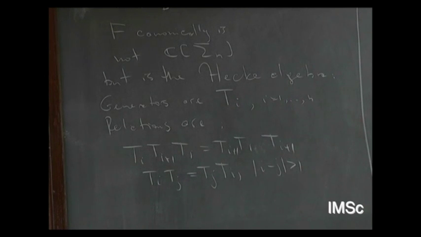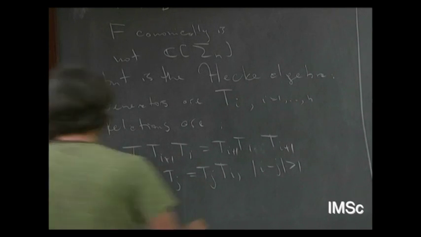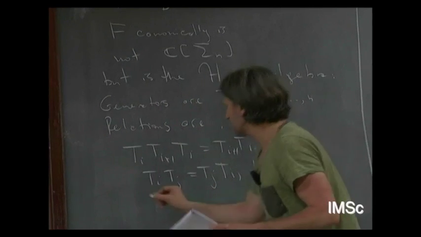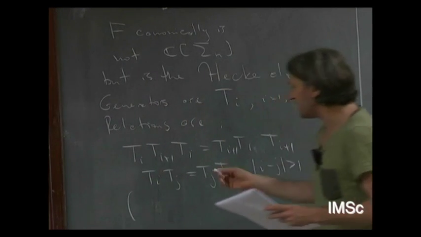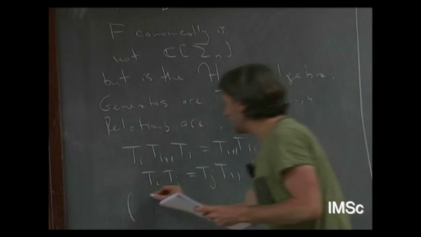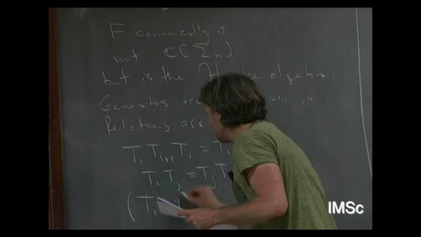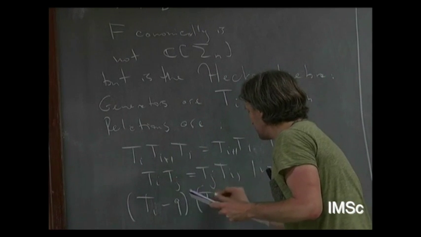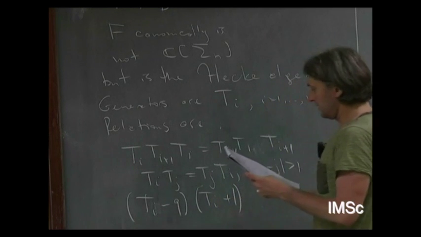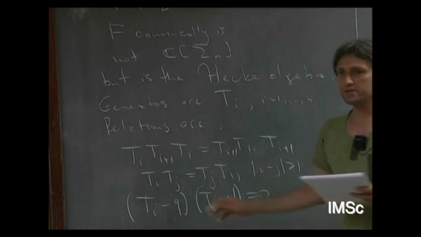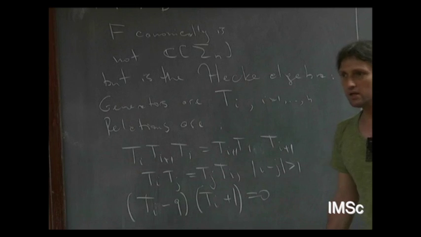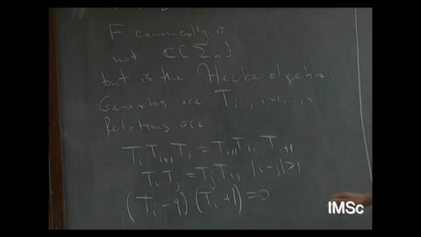And finally, I hope I'm not making a mistake. There could be a mistake with the parameter, but I hope not. So the final relation, instead of Ti squared equal to 0, we have Ti minus q, Ti plus 1 equals to 0. So this is the Hecke algebra relation. And again, I could make a mistake here.